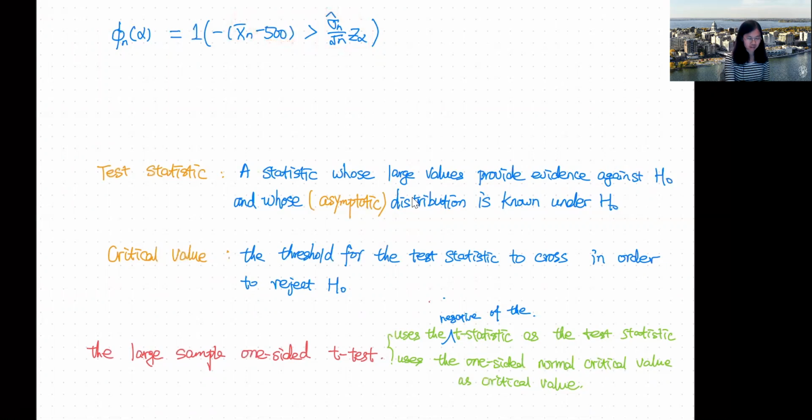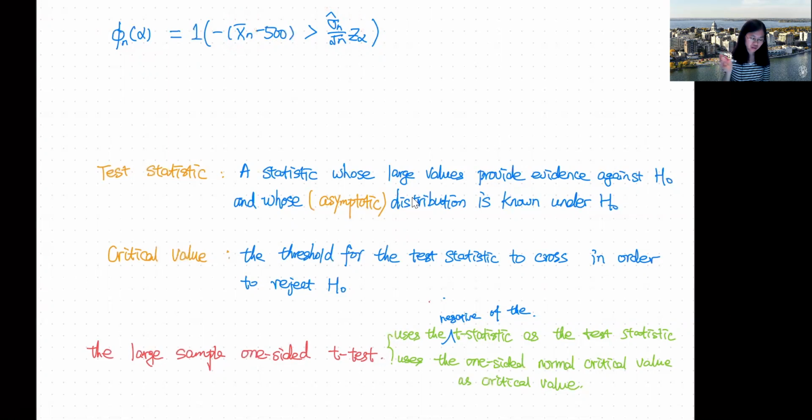So if in a sample of size n and standard deviation sigma n hat, we observe an average runtime that is this much or more less than 500, then we reject the null hypothesis.